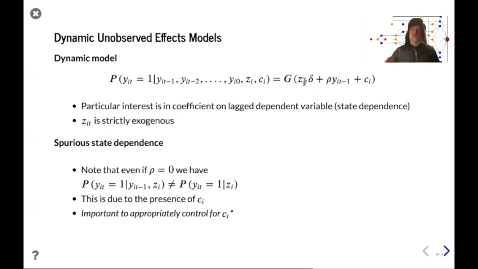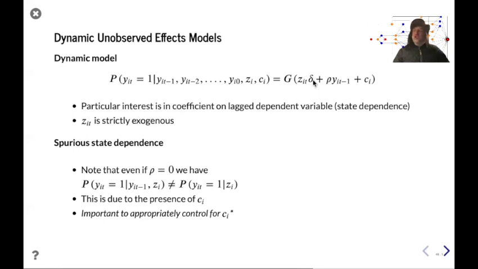So this is a strictly exogenous regressor, okay? But this one is not strictly exogenous. So we have some sort of sequential exogeneity conditional on the unobserved effect, and the particular interest here is in estimating this effect. We really want the causal effect of the lag dependent variable, what we refer to as true state dependence if this is different from 0.